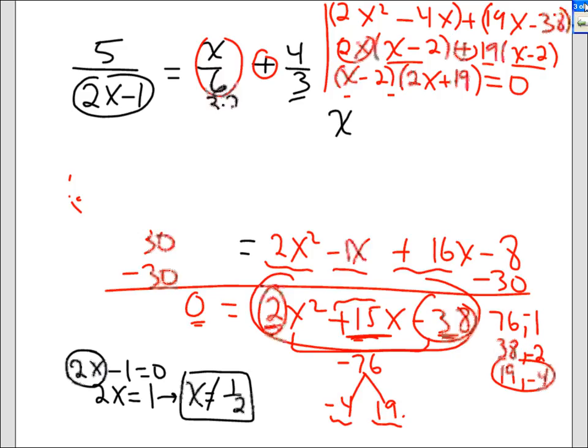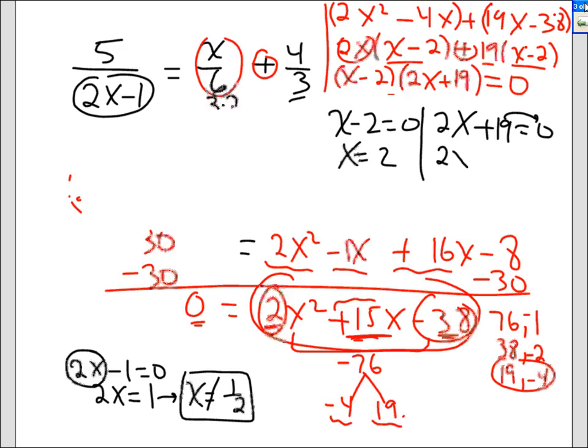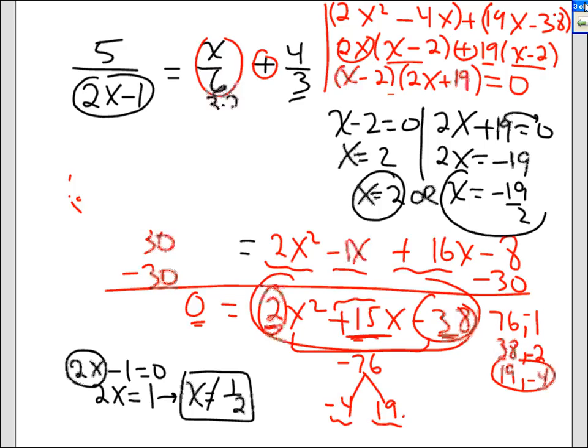So either x minus 2 equals 0, which means x is 2, or 2x plus 19 is 0. Bring that over. That means 2x is negative 19. Divided by 2, we get negative 19 over 2. The possible answers are x is 2, or x is negative 19 over 2.